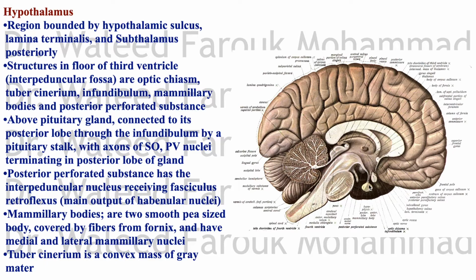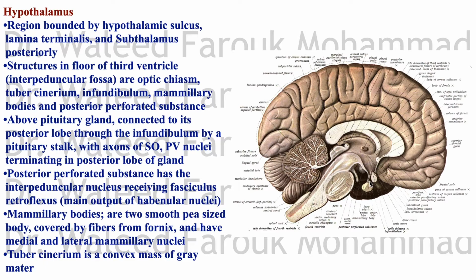This is the pituitary gland here, and above it, the posterior lobe is connected to the hypothalamus through the infundibulum, the pituitary stalk. What runs inside the stalk are the axons of the supraoptic and paraventricular nuclei, terminating in the posterior lobe of the gland.